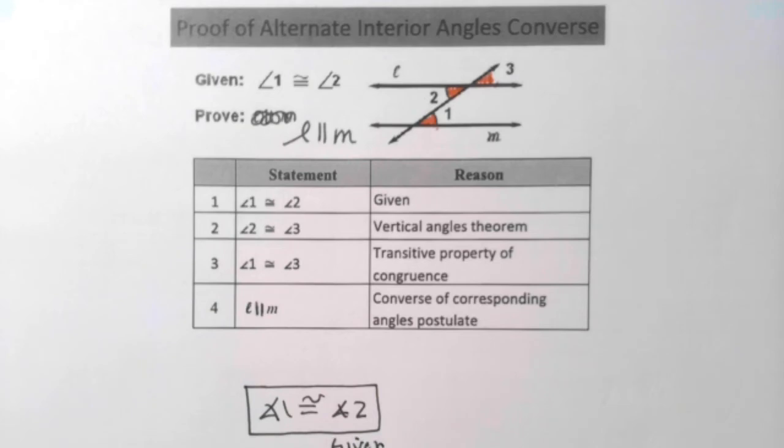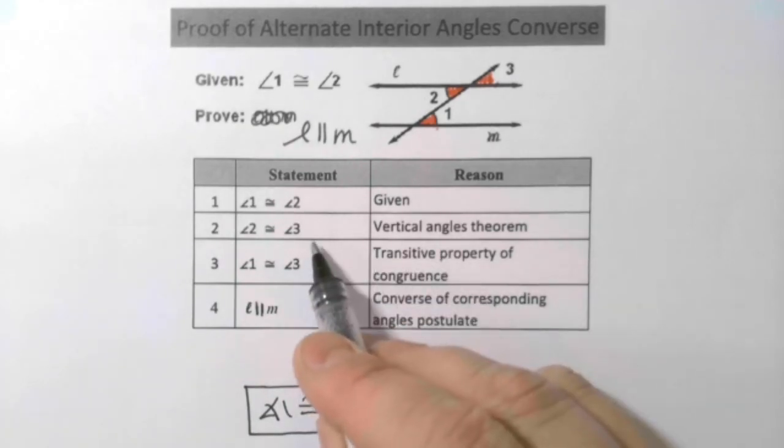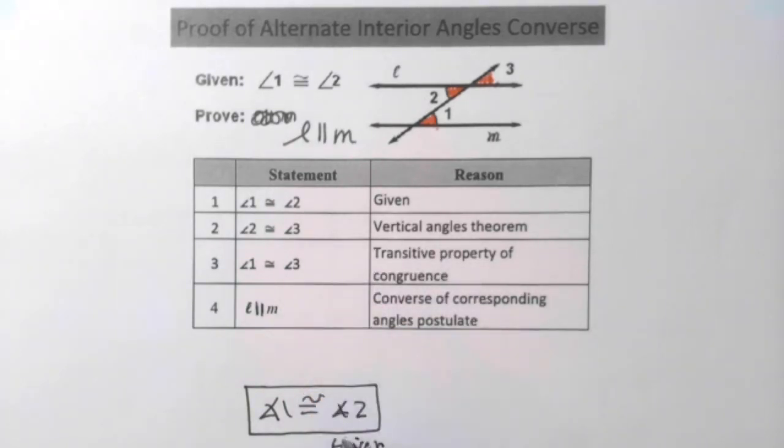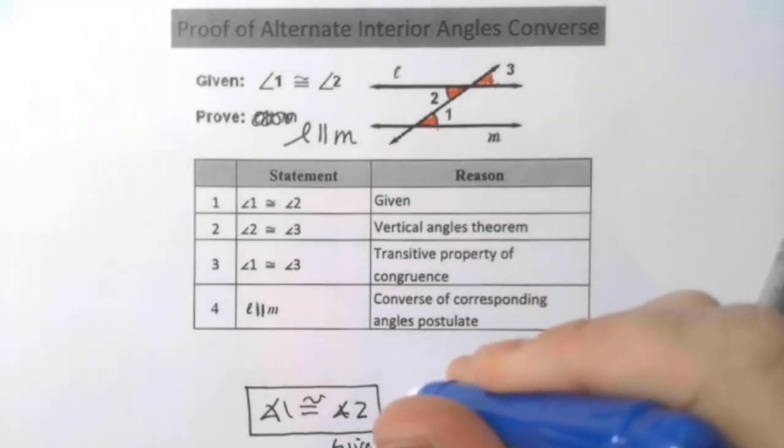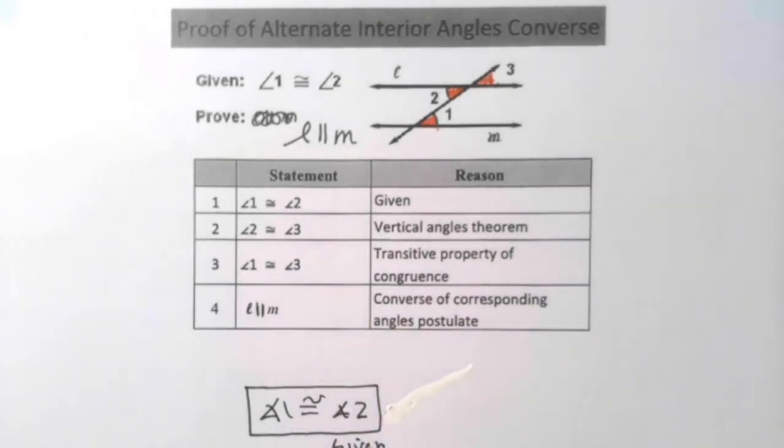Okay. Now, in this one, the vertical angles theorem does not attach directly to this, so we're going to have to attach it with an arrow. So adding to that, oops, sorry, I have the wrong arrow. So we're trying to get to the fact that angle 1 is congruent to angle 3.